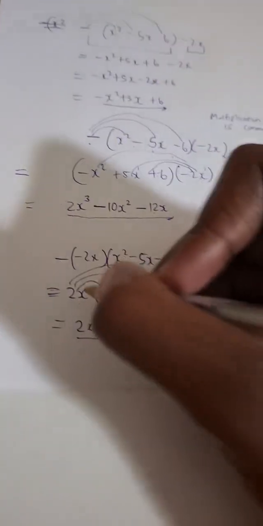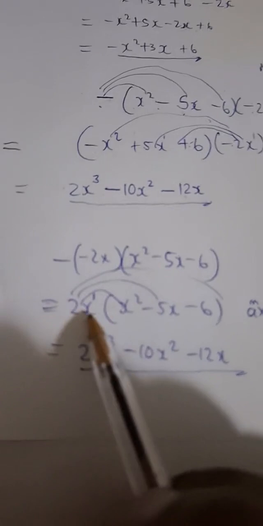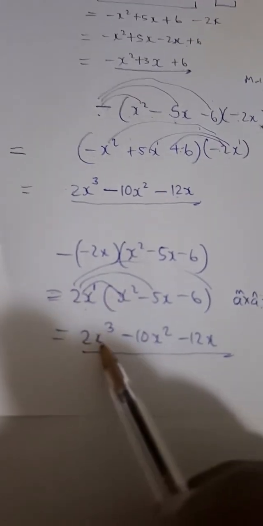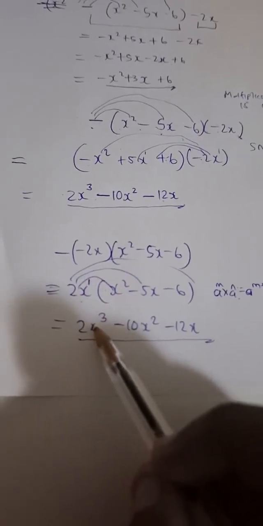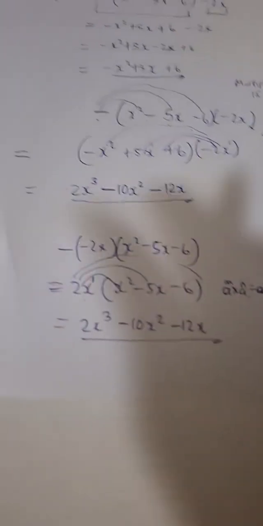So here there's an exponent 1. For this base, there's an exponent 2. We are multiplying. These are bases that are the same. So when we multiply, we keep the base x, we add the exponents. So it's x to the power 3. That's why it's not x to the power 2. Okay, all right.